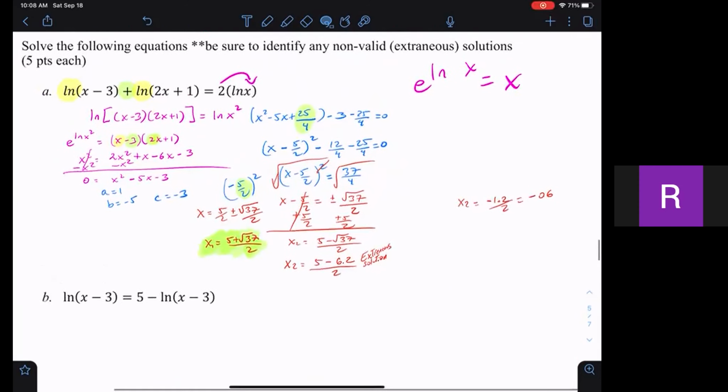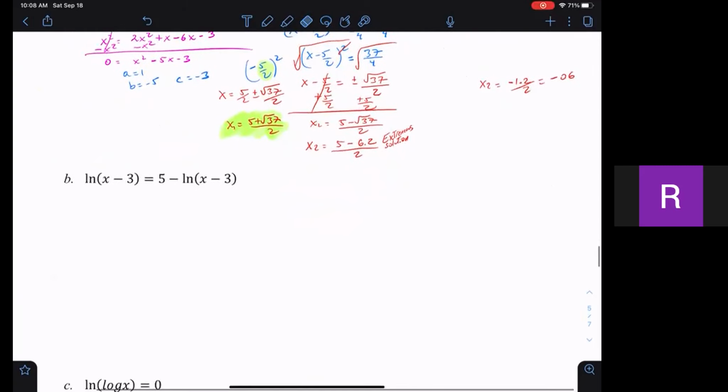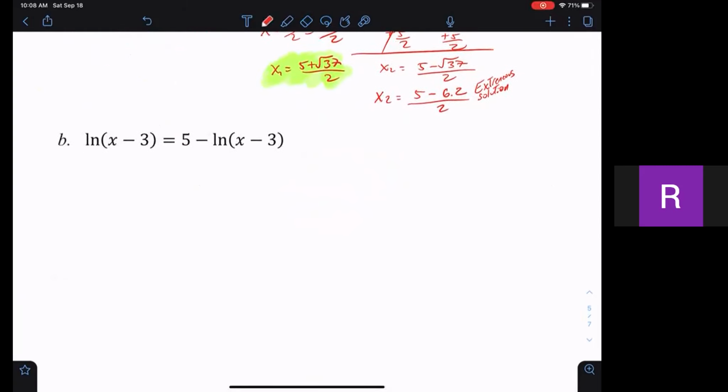Should you practice this kind of stuff? Okay, next we have this thing, ln.